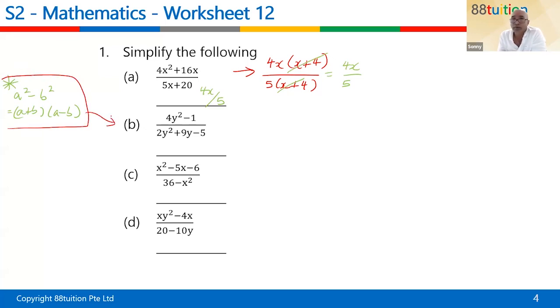B. For those who have done it, well done. For those who are trying, please try.